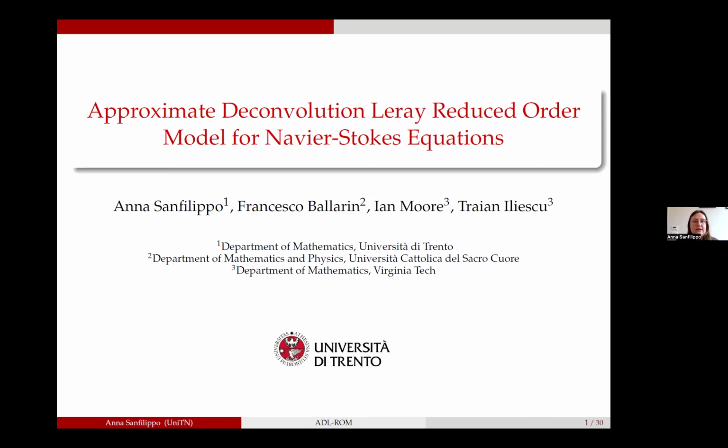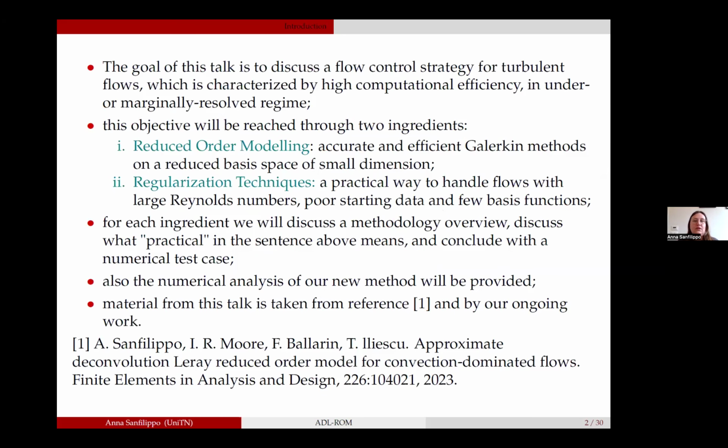The aim of this talk is to describe and illustrate this new model, which is a flow control strategy for turbulent flows, that is flows characterized by large Reynolds numbers.